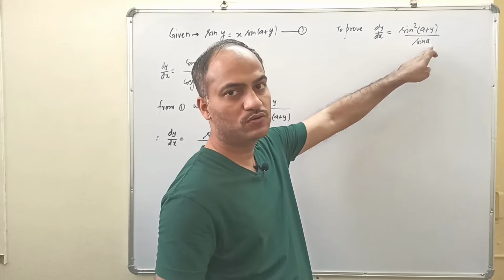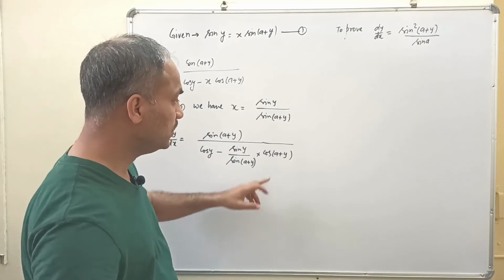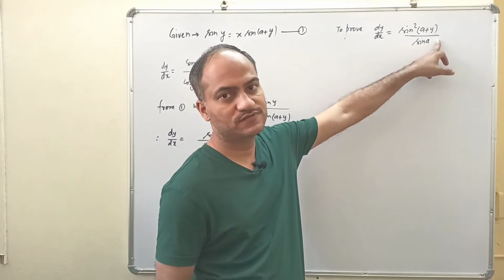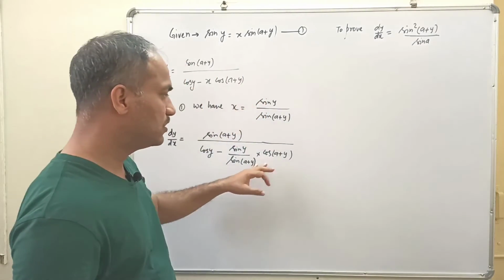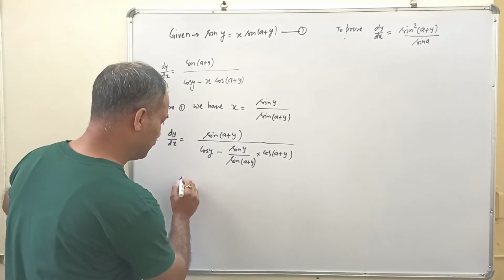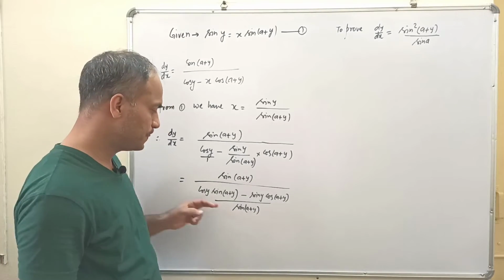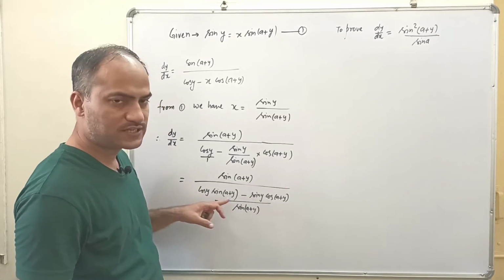In the denominator you require sin a, and here no term of cot(a plus y) is there. So do not write it as cot. Now you can take LCM over here and see what happens. This is upon 1, so LCM is sin(a plus y), and we get this expression.